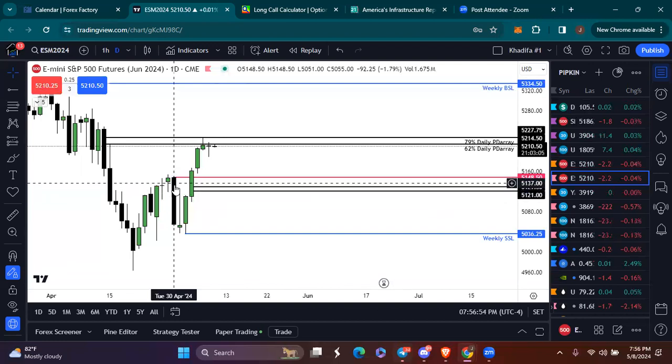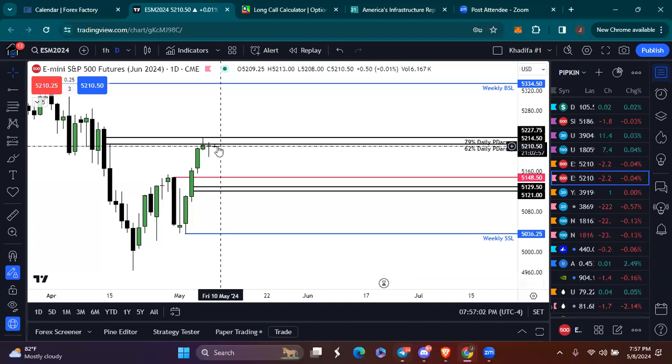That's the open of this down candle, and if you look at this red line, that's the same price, 51.48. So that's where I'm looking at price. I want to see price come back down to that. That's where I'm interested in executing my long from.